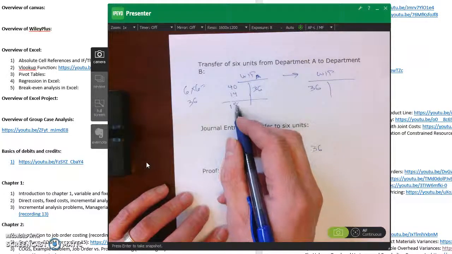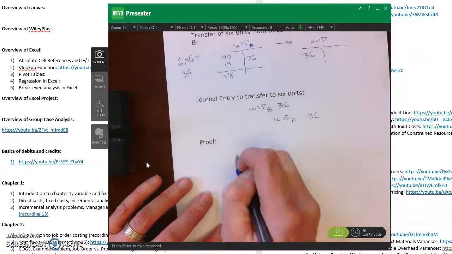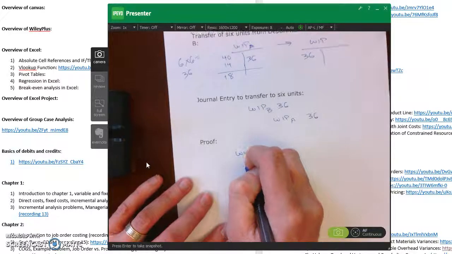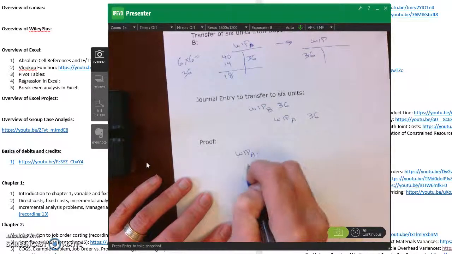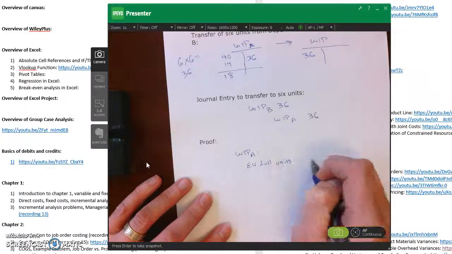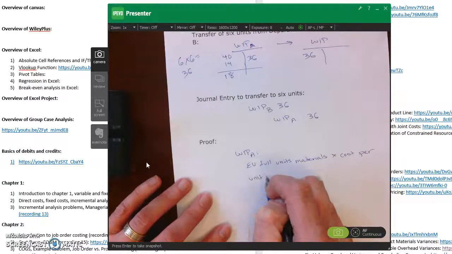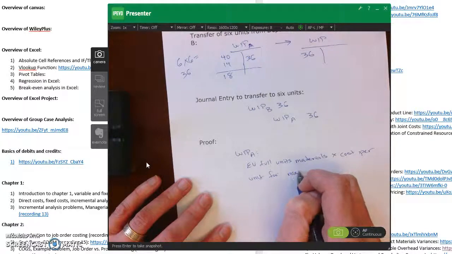I'm going to manually calculate the ending balance here for WIP A. The way I'm going to do that is I'm going to say WIP A, equivalent full units for materials times the cost per unit for materials.